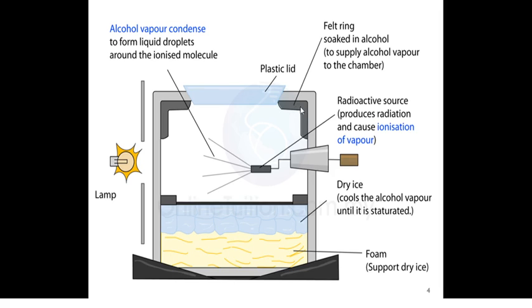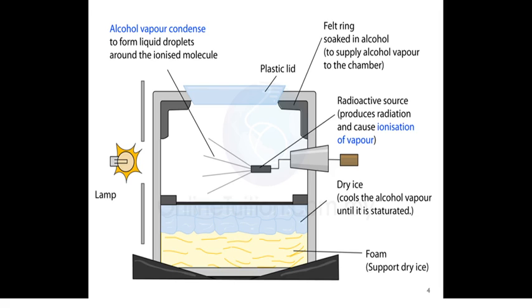And this is the felt I had said earlier, which is made up of black color so that no light is reflected from it. And below this you can see a dry ice which cools the alcohol vapor until it is saturated. So the alcohol inside this chamber is in a saturated condition.